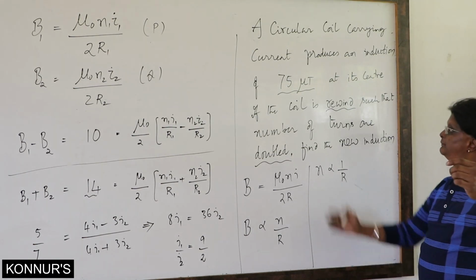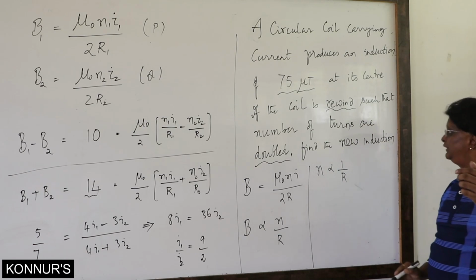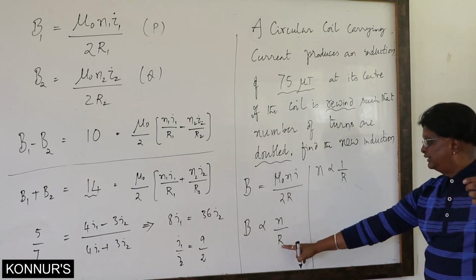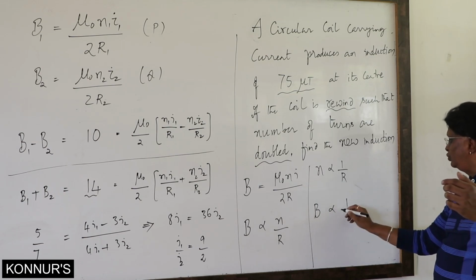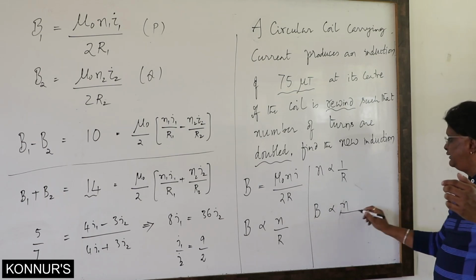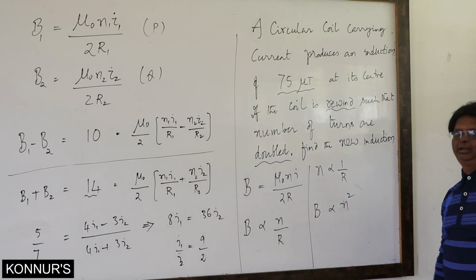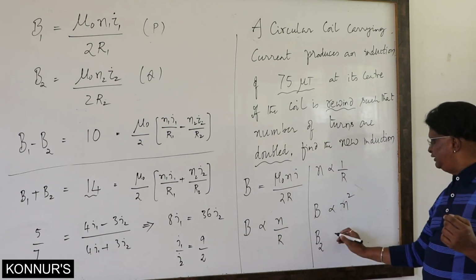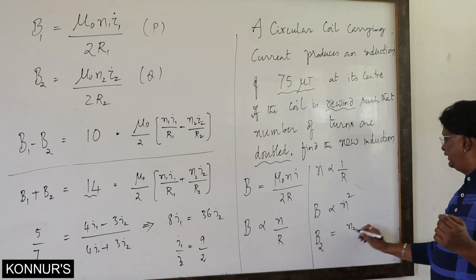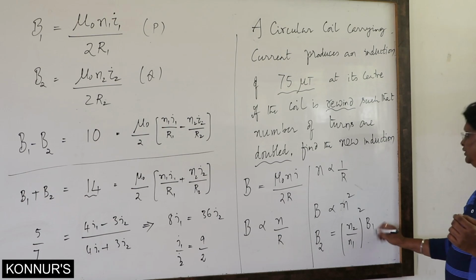Now, in the given example, the data is in terms of number of turns. Therefore, I will substitute for R, then you get B proportional to, of course, numerator N, and this R becomes 1 by N. Therefore, the result will be B proportional to N square, and hence the final value B2 is equal to N2 by N1 whole squared times B1.